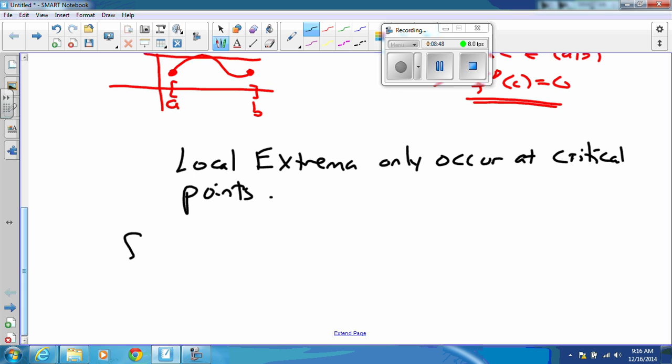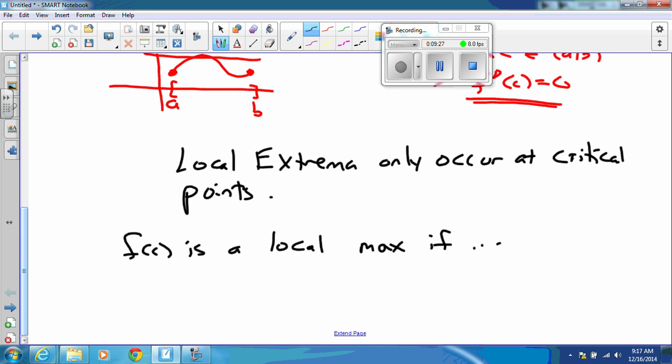Local extrema. What are local extrema? Define it for me. A value of f(c) that is greater than the values near it, the largest value on an interval.